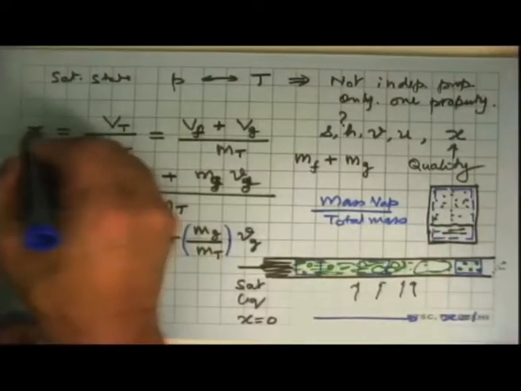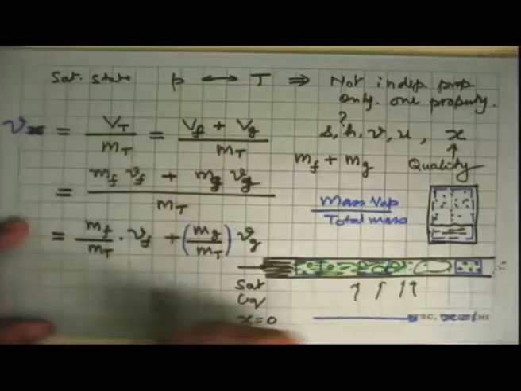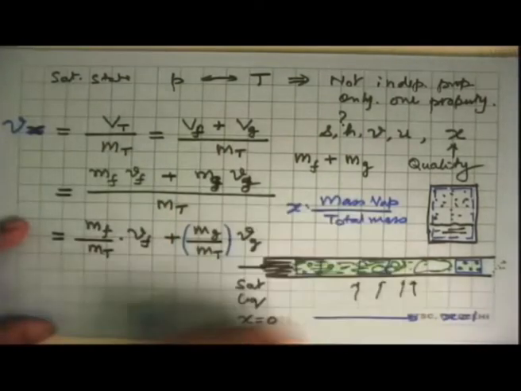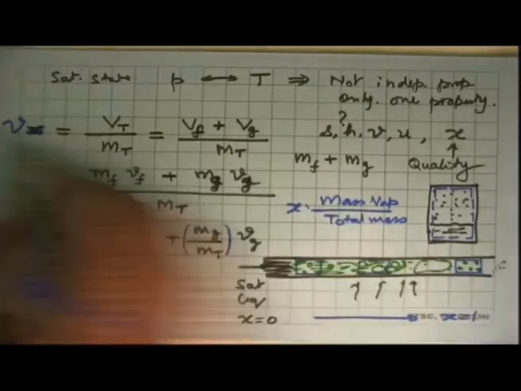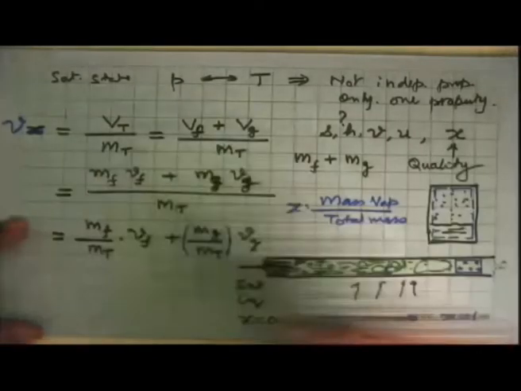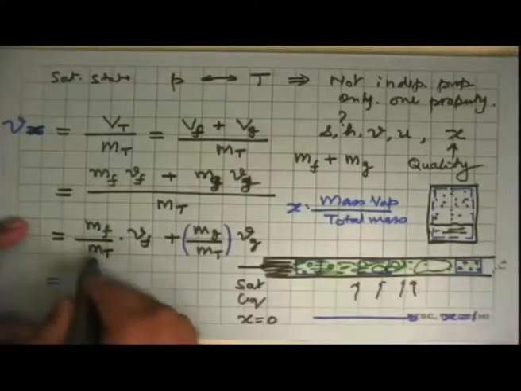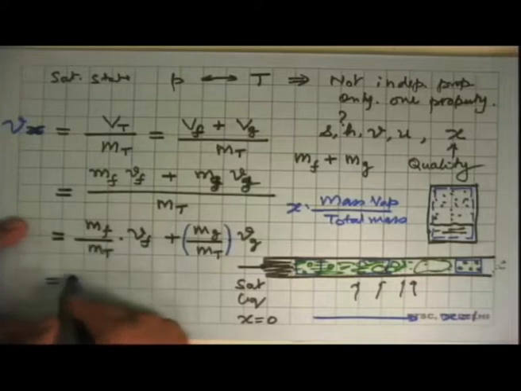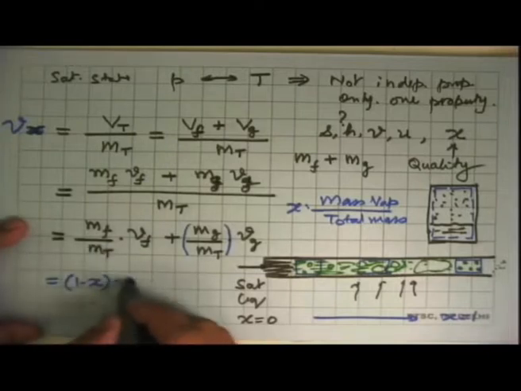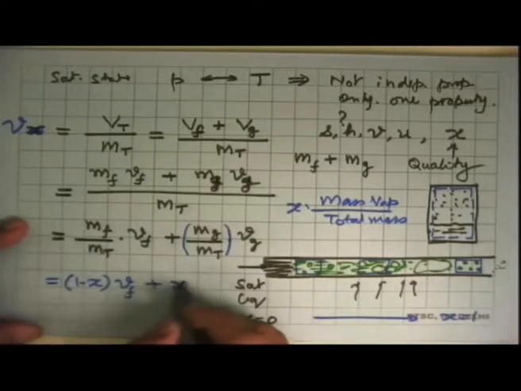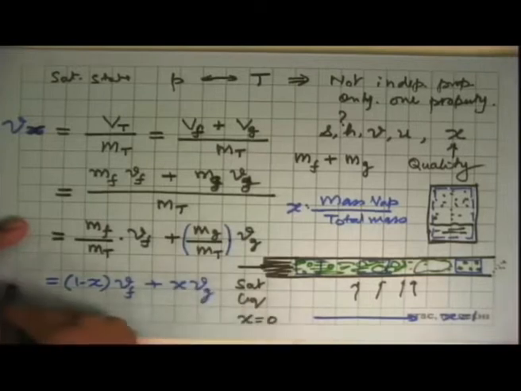This is V, the specific volume of the mixture. That is what we are trying to calculate. So this becomes (1 minus x) times Vf plus x Vg.